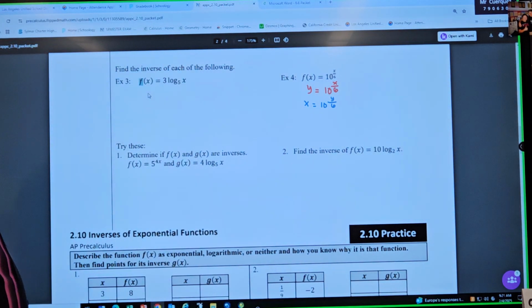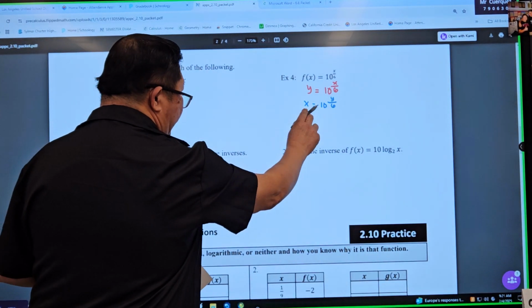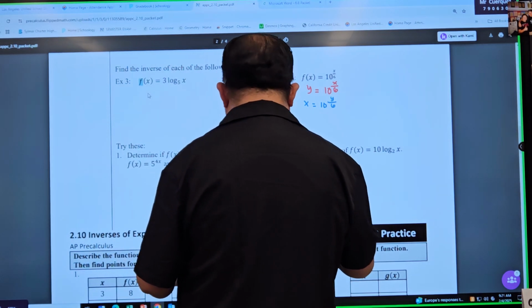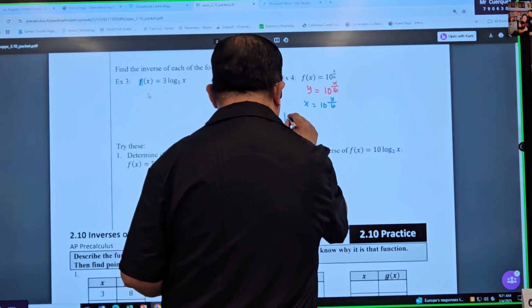And what do we do next? We're going to take the logarithm of both sides, okay? What is the base of this? 10. Therefore, we're going to say log of x.